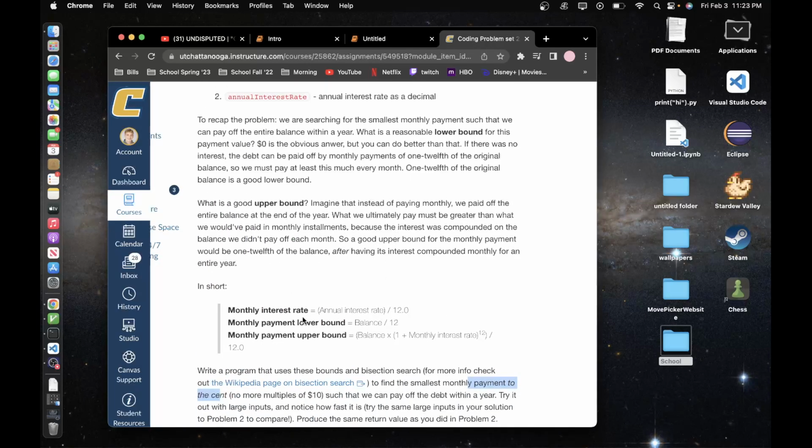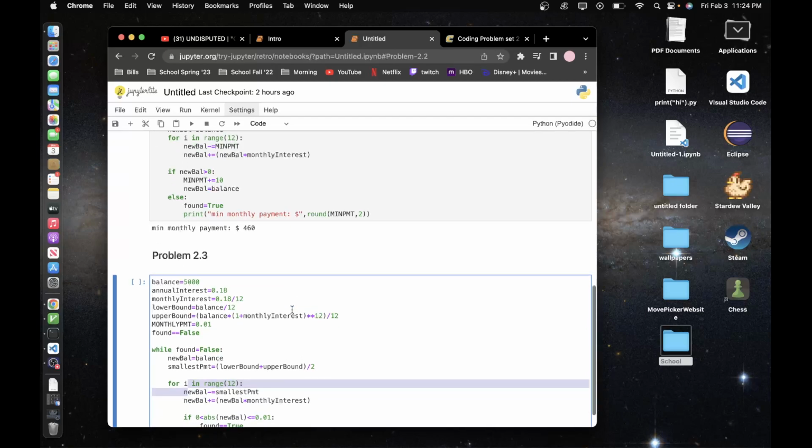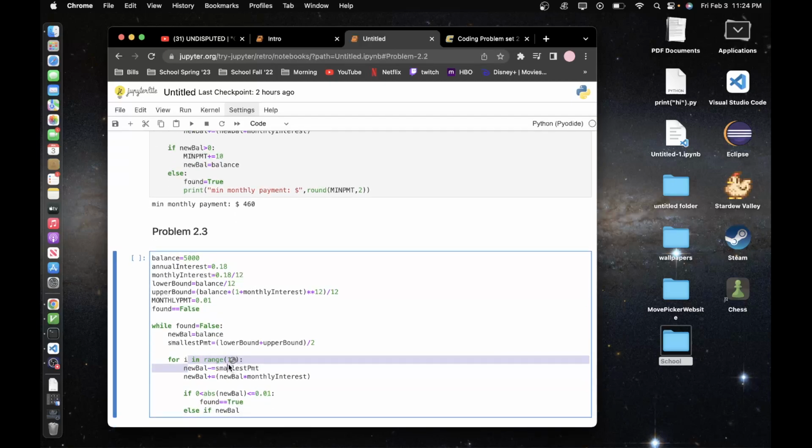So okay, so the lower bound is balance divided by 12. Upper bound is the balance times compounded interest. And range balance. New balance is less than.